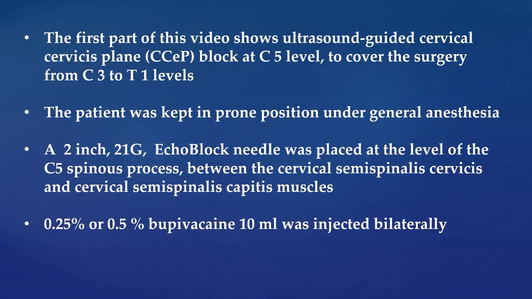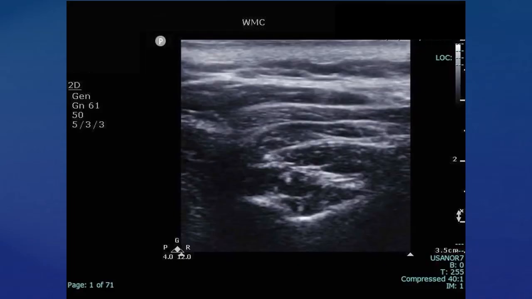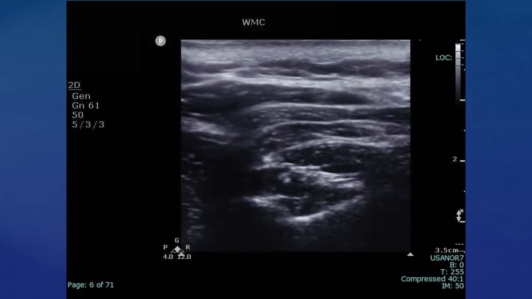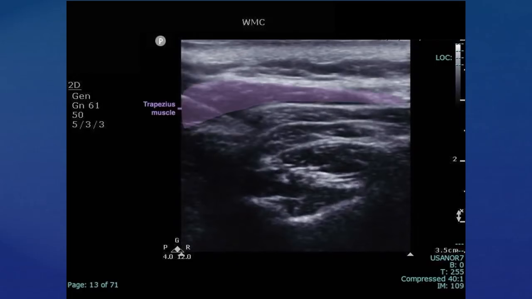0.25% or 0.5% Bupivacaine, 10 cc, was injected bilaterally. The needle was advanced from a lateral to medial approach.